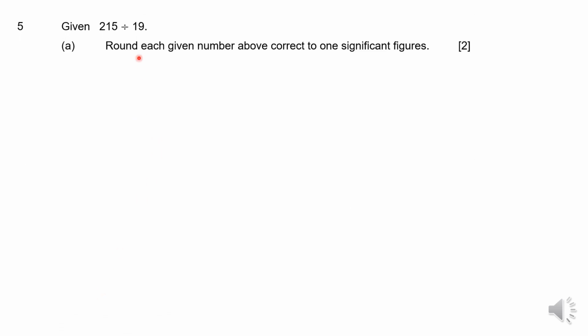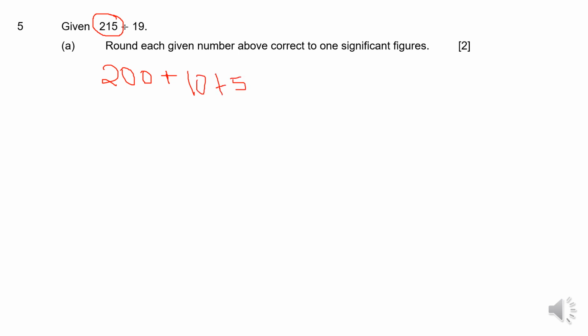Well, this question here also is very tricky. What people need to be on the lookout for is what we refer to as significant figures. So when we are talking about significant figures here, we look at this particular number. This number is, remember, 200 plus 10, and plus 5.